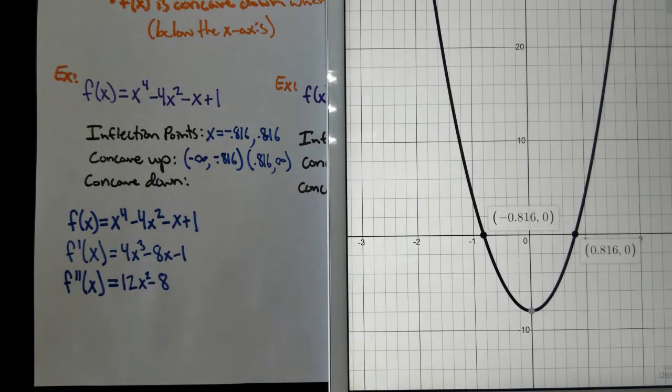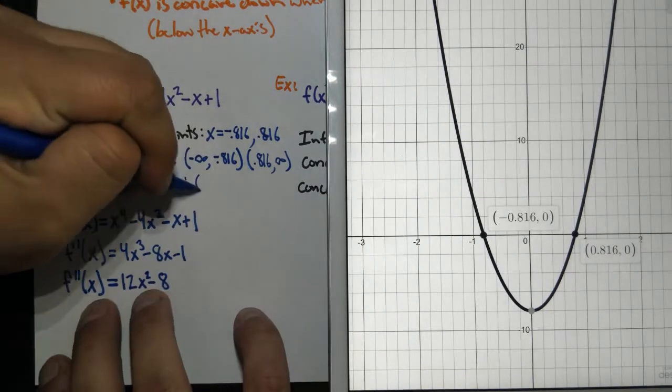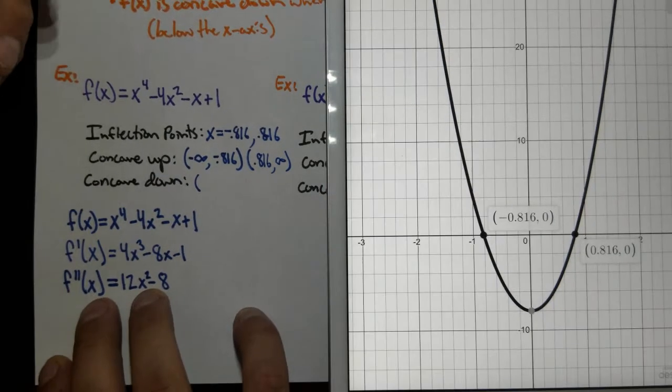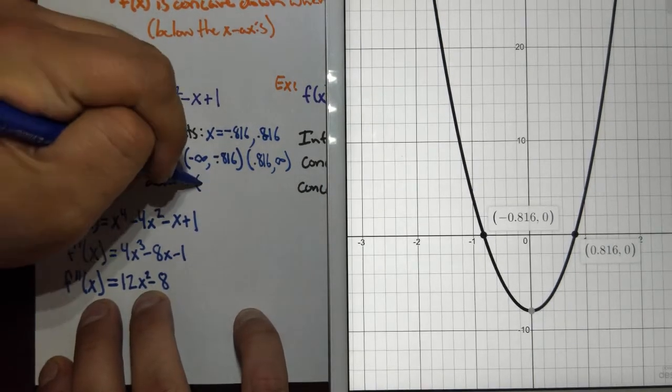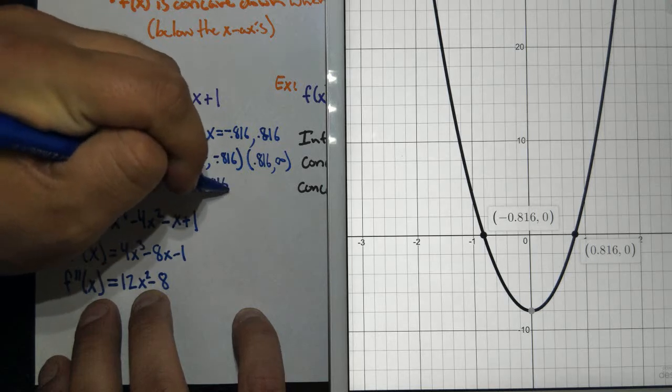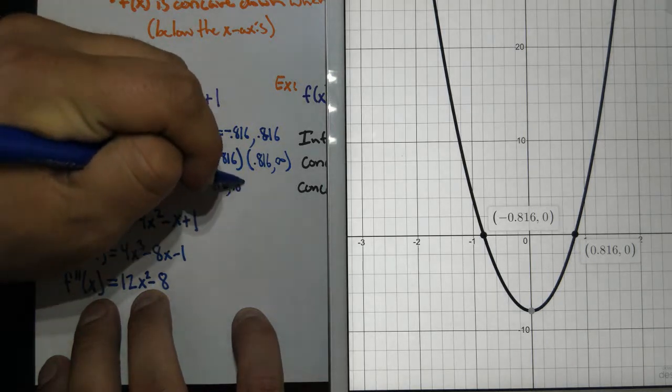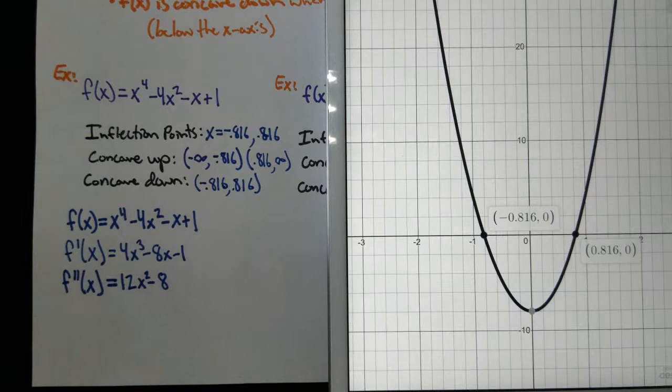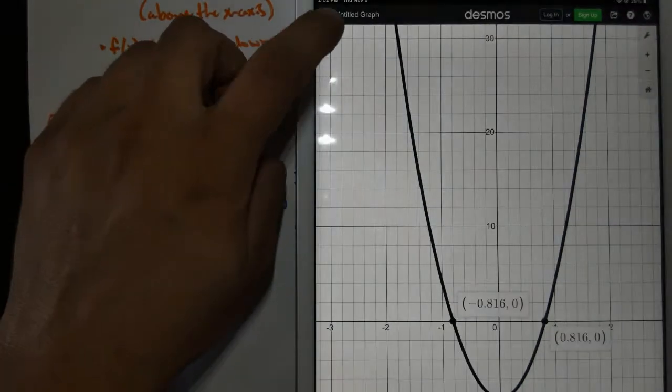And then where is it concave down? Well, it's concave down in the middle there, from negative 0.816 to positive 0.816.